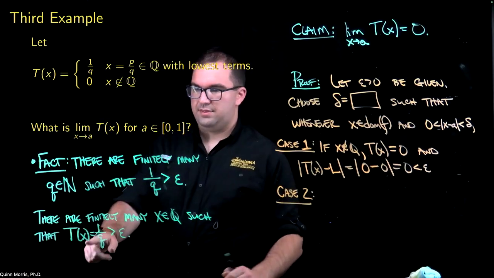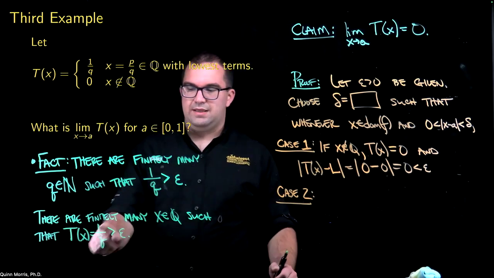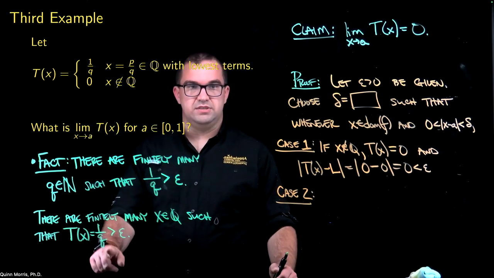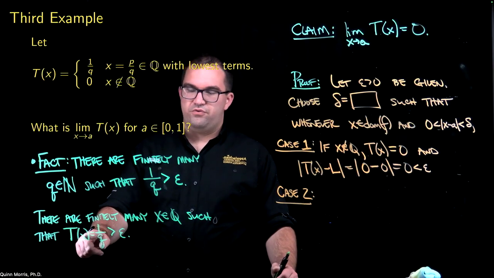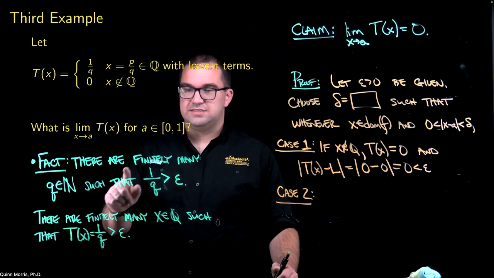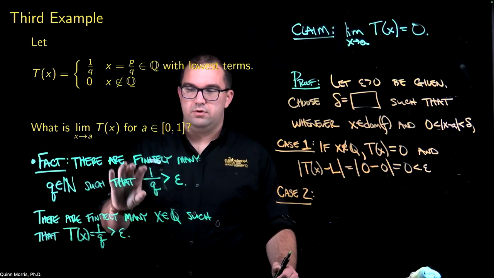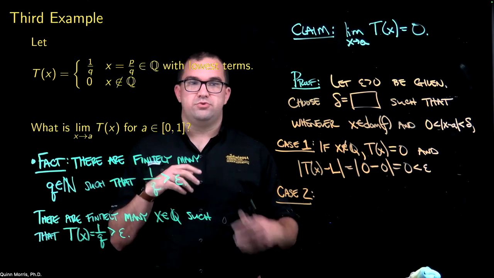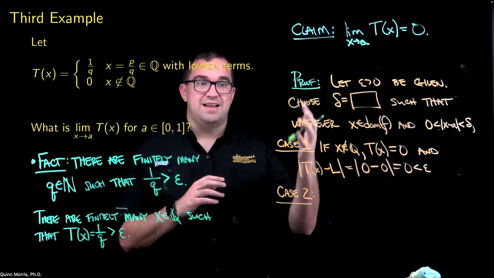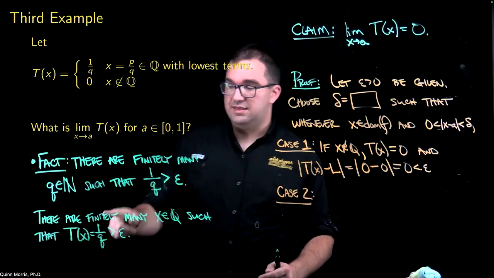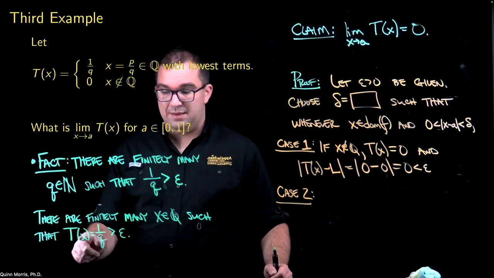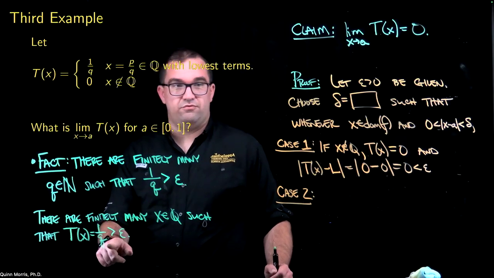Now think about this. There are only finitely many outputs of our function that are going to be greater than epsilon. Now, your function is not one-to-one. In general, just because you know there are finitely many outputs that satisfy something doesn't mean that there are only going to be finitely many inputs. But in this case, there will only be finitely many inputs that give you outputs of the form 1 over q.